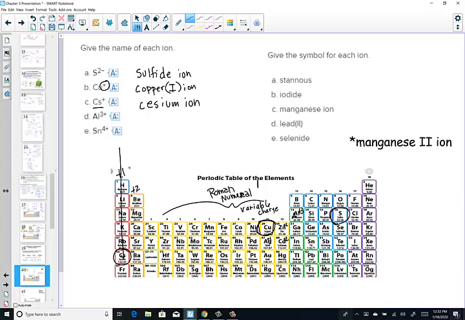Roman numerals are not needed for those ions that we know have fixed charges. The +1s in column 1 are fixed. The +2s in column 2 are fixed, no Roman numeral. Aluminum is a fixed +3, it never varies. Zinc, cadmium are always +2s, that's a fixed charge, just as silver is a +1.